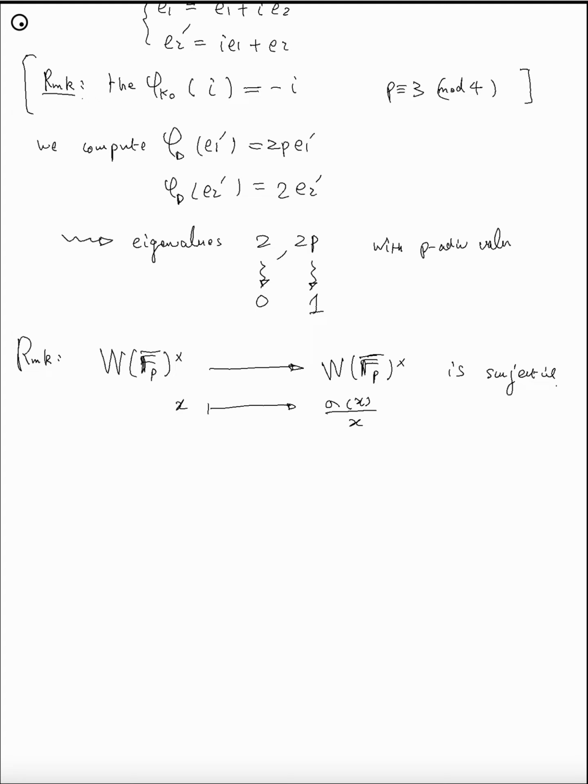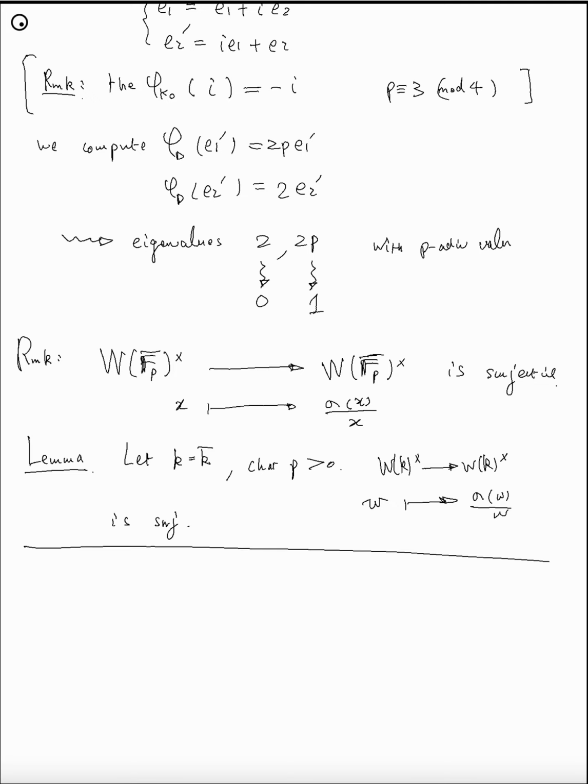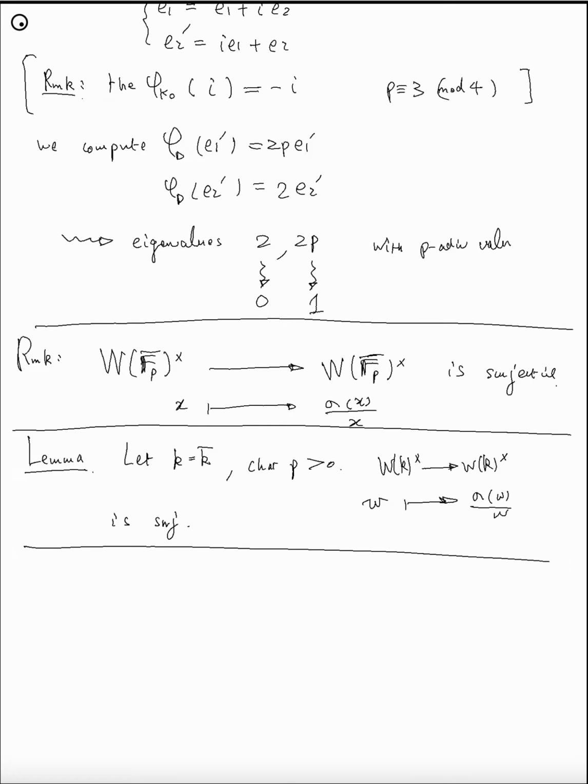We would prove this maybe, but it's actually a lemma. Let me mention this. Let K be an algebraically closed field of positive characteristic, then the map from K star, omega to sigma omega over omega, is surjective. This is the most general statement. We only take in particular example, take K to be F_p bar. With this remark, let's continue back here.